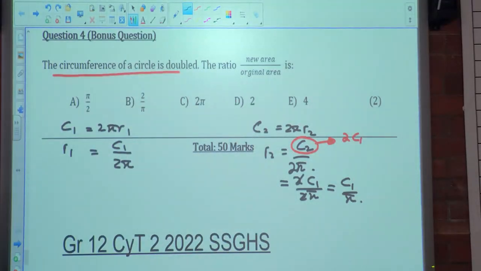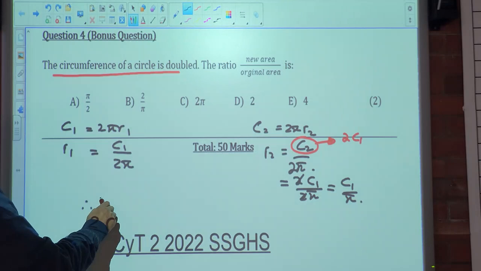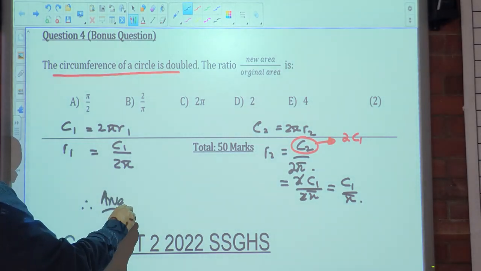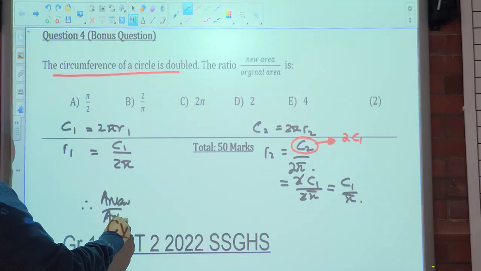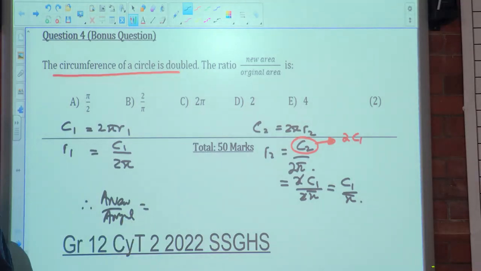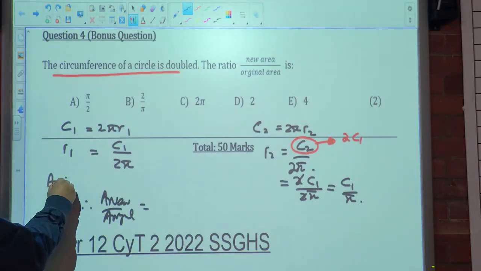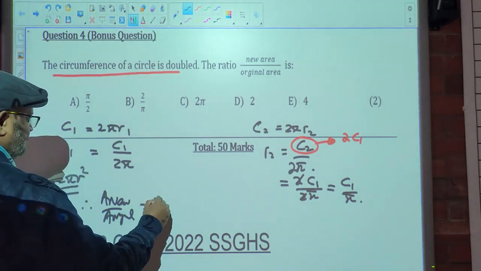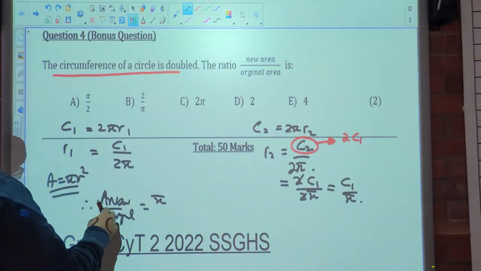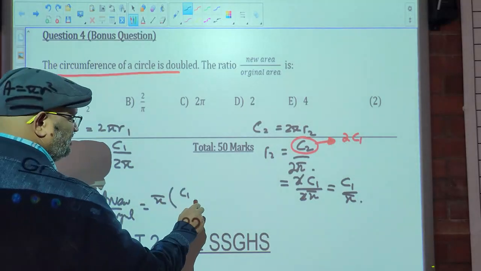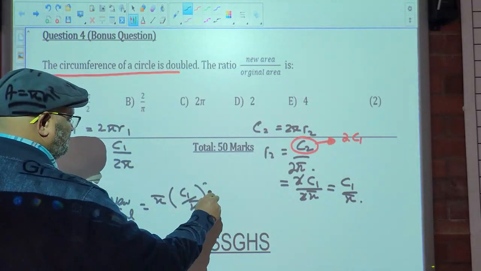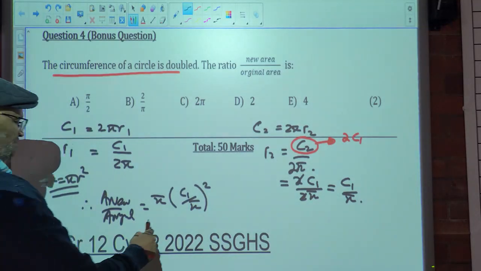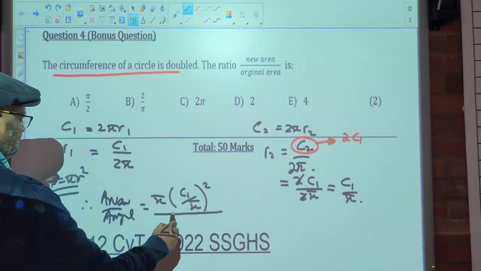Alright. Now the question says, what is the area of the new over the area of the original? The area of a circle, of course, is going to be pi r squared. So it's going to be pi times your radius of the new one, so it's C1 over pi, and it must be squared. And this is all over the original.